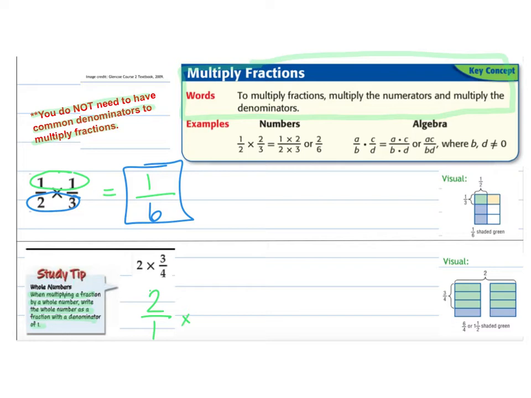So 2/1 times 3/4. Again, multiply numerators. 2 times 3 is 6. 1 times 4 is 4. We have an improper fraction, so we have to turn it into a mixed number. 4 goes into 6 one time with 2 left over. And that could simplify to 1 1/2 by dividing by 2. So if you ever have a whole number, put that number over 1.